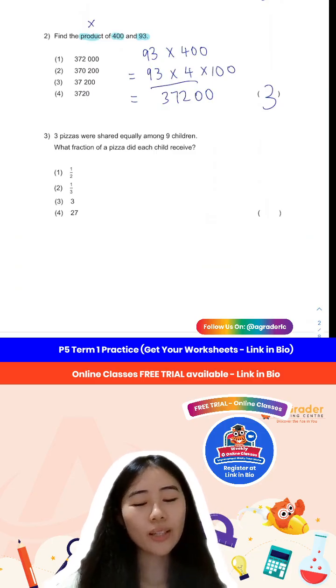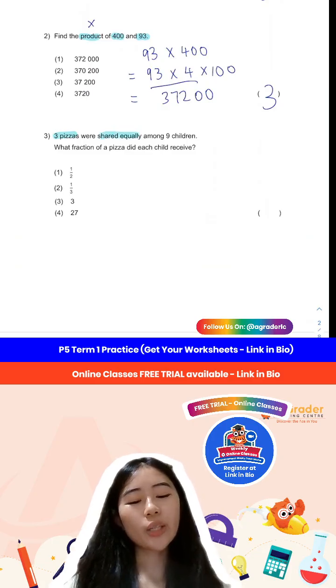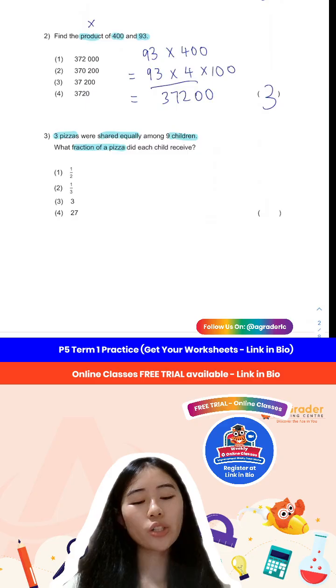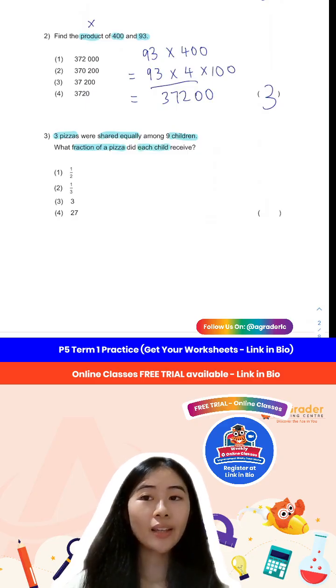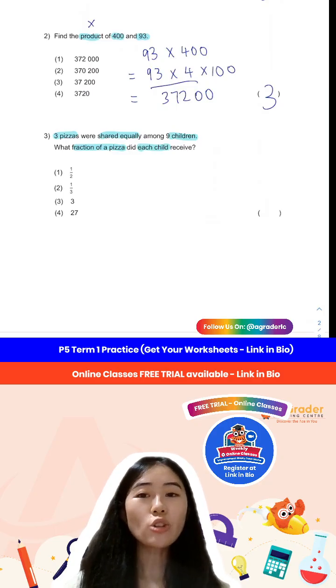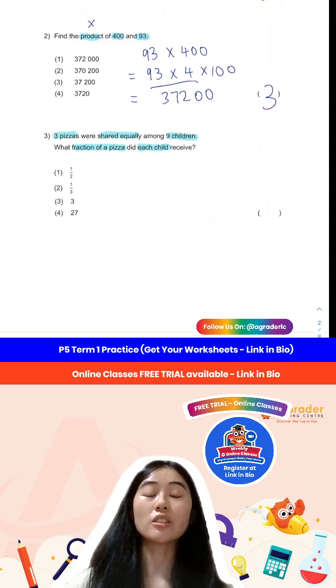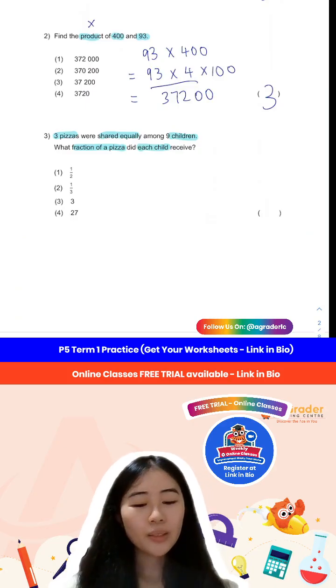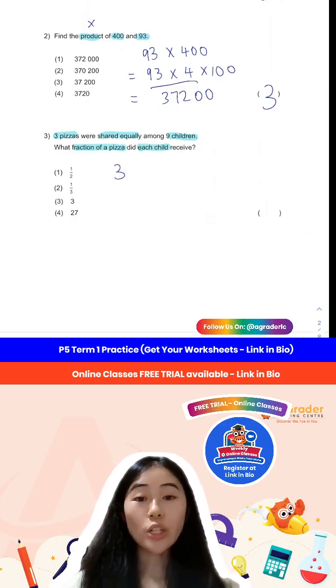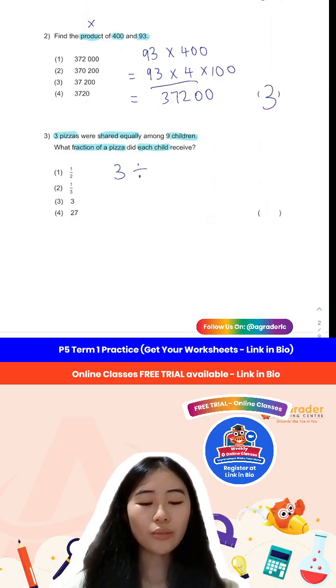Okay, let's look at this. 3 pizzas were shared equally among 9 children. What fraction of a pizza did each child get? The common mistake here is thinking that you must use the bigger number to divide by the smaller number. That's not true, right? Some of you use 9 divided by 3, then that's not correct. Or some of you use 9 times 3, that's also not correct. You have 3 pizzas, you are sharing it, so you should divide.